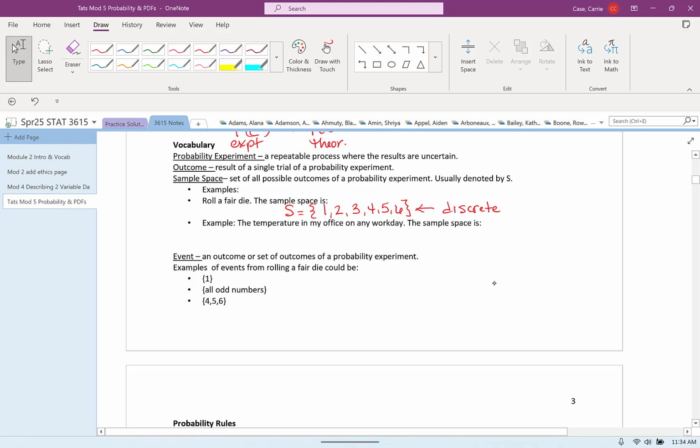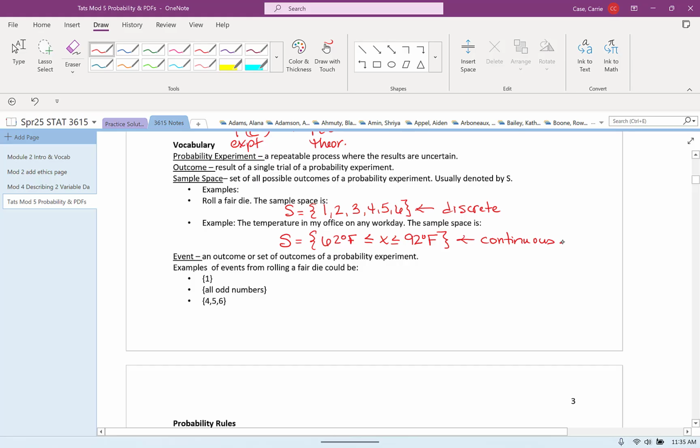The next example is the temperature in my office on any workday. The sample space could be anything from about 62 degrees Fahrenheit up to about 92 degrees Fahrenheit because I'm in a really old building. And this is continuous.